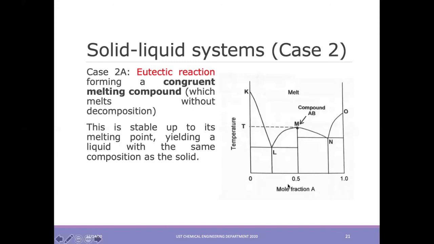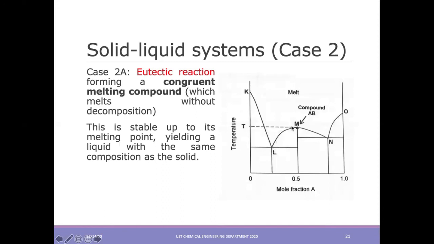Eutectic L here is made up of crystals of B and AB, and eutectic N is composed of crystals A and AB. Now the curve KL contains saturated solution of B. Curve NO contains saturated solution of A, because this is A-rich.